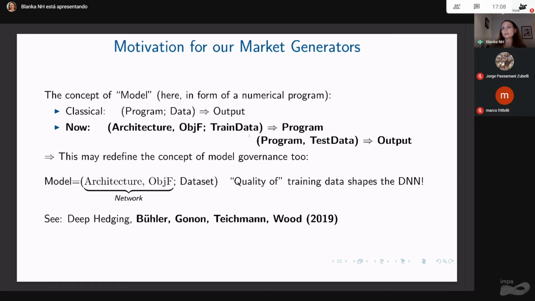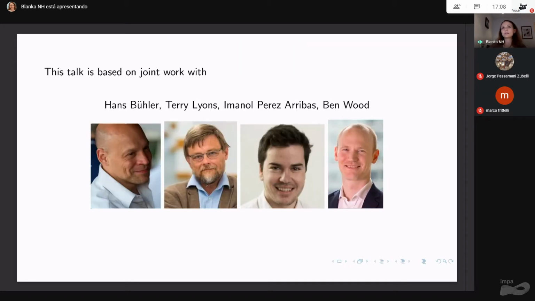Give the hedging engine training data as precise as possible, or to put it in a more neural network type of way, give it training data such that the network generalizes as well as possible in the case of later upcoming market scenarios.